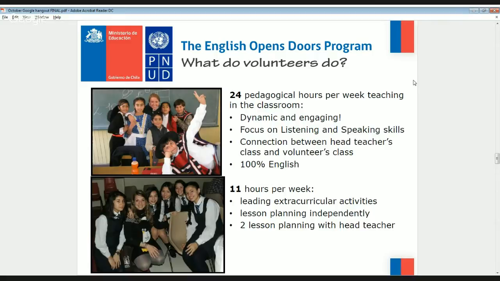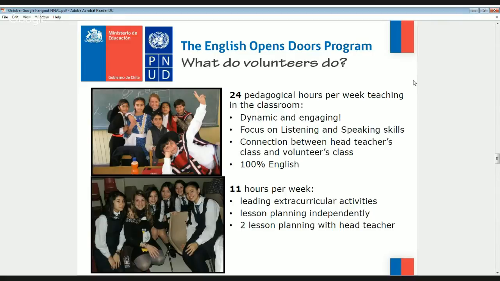So as you can see by looking at your screen, we do expect that our volunteers are working 35 hours a week. And those 35 hours are divvied up into two larger objectives. The first 24 hours are pedagogical hours. This is the time that you would be spending physically in your classes.